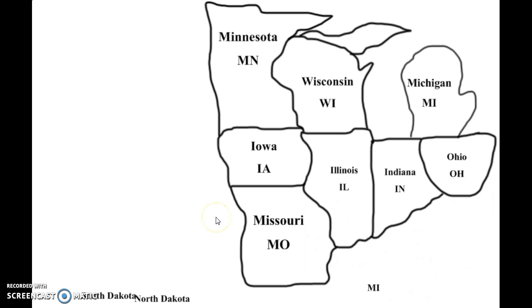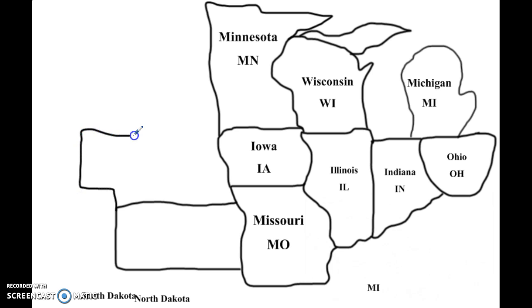Okay, there's four states left. The kids yesterday thought this region seemed bigger than our other regions. It really isn't. Land-wise it's bigger, but state-wise it's actually the same as the Southeast. So we've got Kansas, and we've got Nebraska, which the cool geography guy told us all about how you think it's the biggest state in producing corn, but it's actually Iowa.